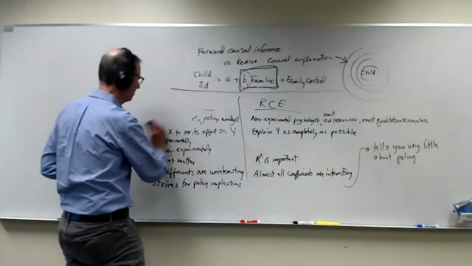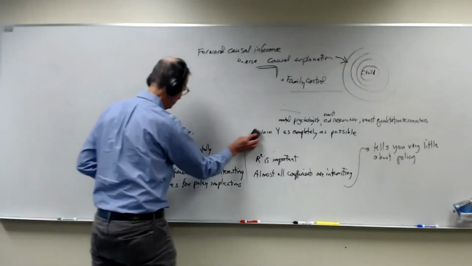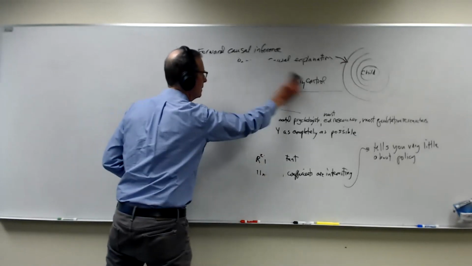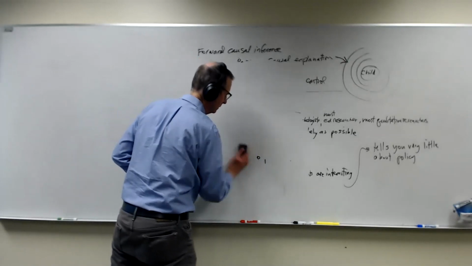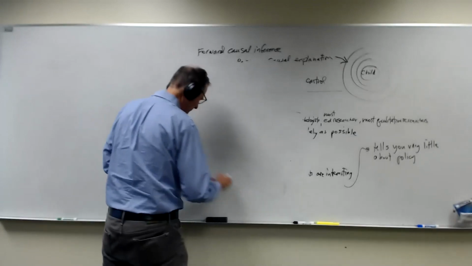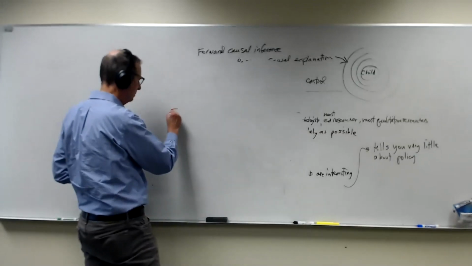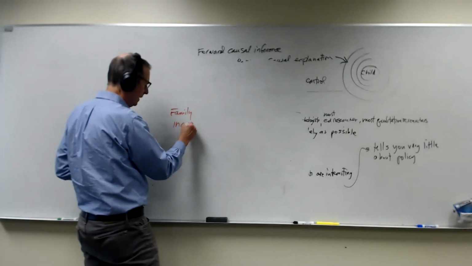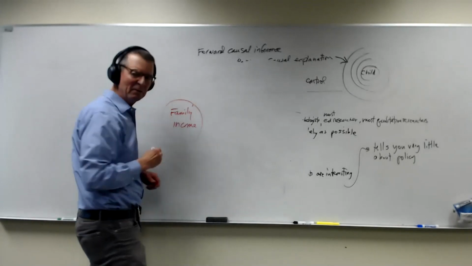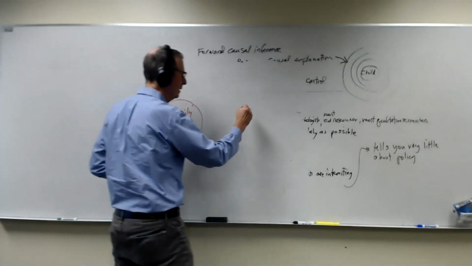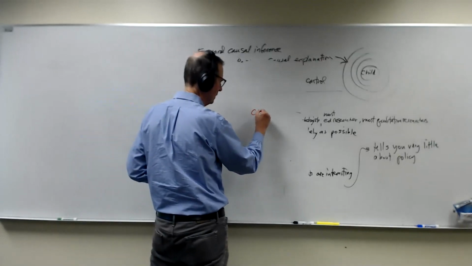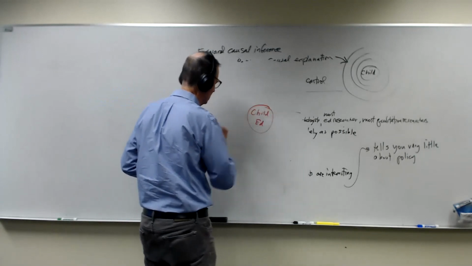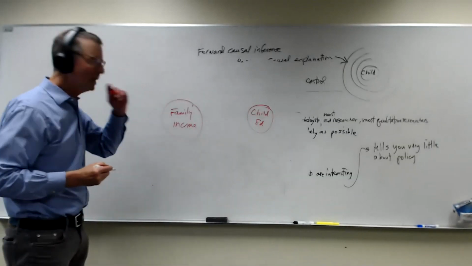So we'll talk about this later, but suppose I have family income as my primary independent variable of interest, and child education as my primary outcome. And suppose I have a mediating model.